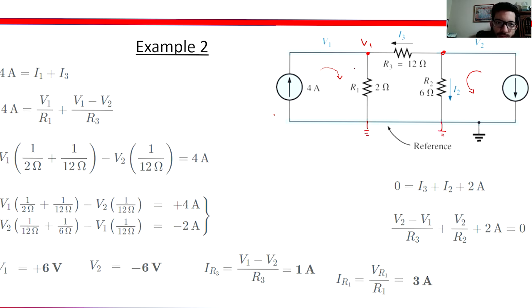Okay, so the current through here is equal to the current through here plus the current through here. So we already know this. We're always going to have this division of current.